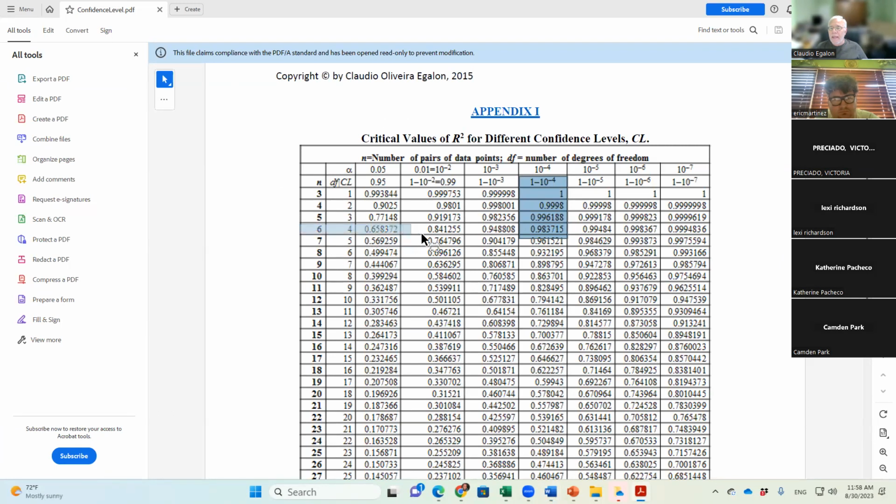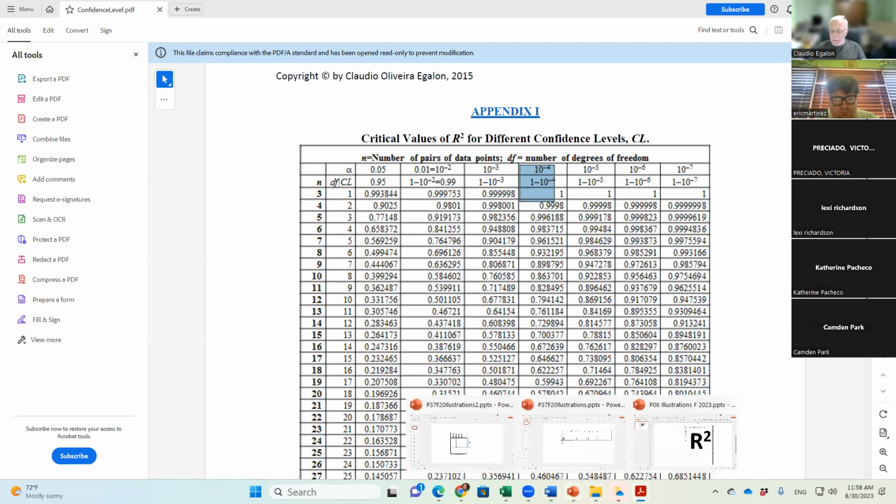So it should be the intersection of CL with 6, which should be the R squared. So your confidence level should be 1 minus 10 to minus 4.